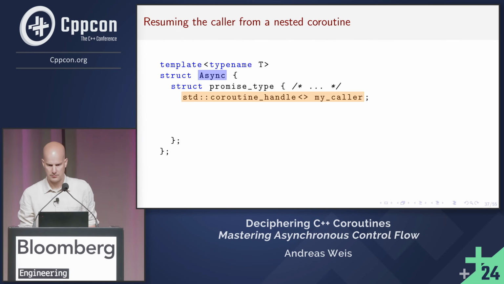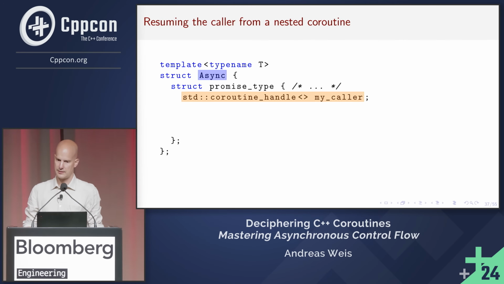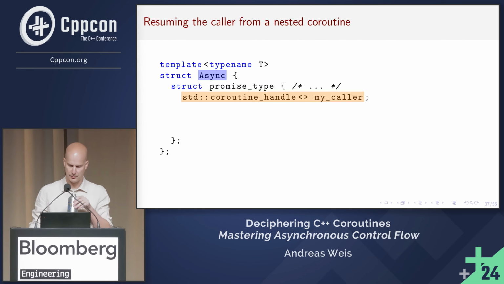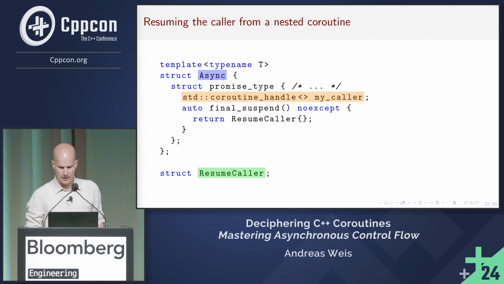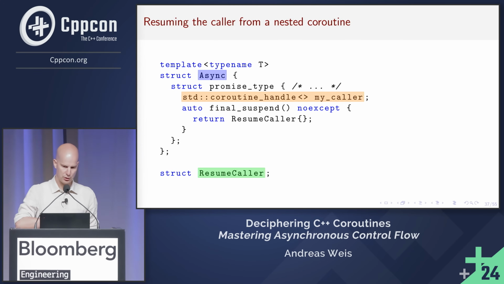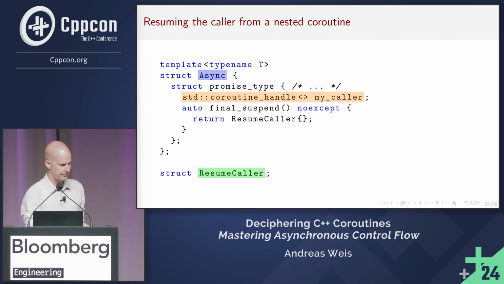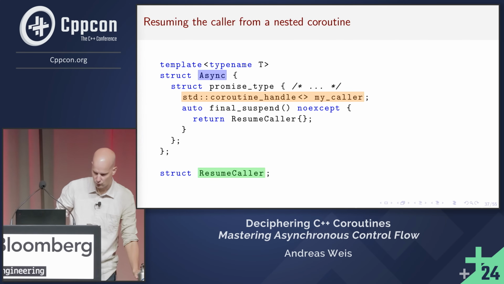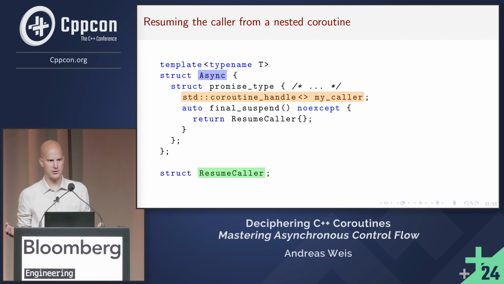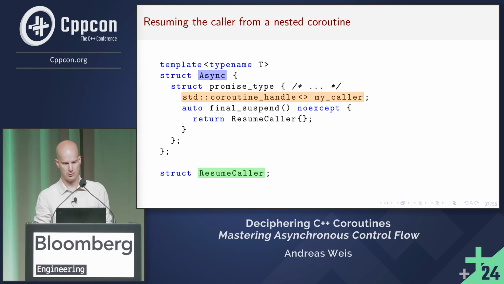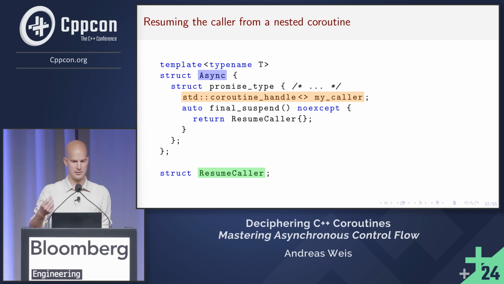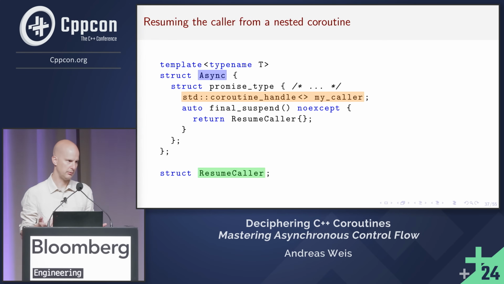As we've seen, the handle to the caller is stored as a data member in the promise. And now what I want to do in the final suspend, when this async task has finished all of its work, is hand control over to that caller. The only thing that I can do in the final suspend is return an awaitable.